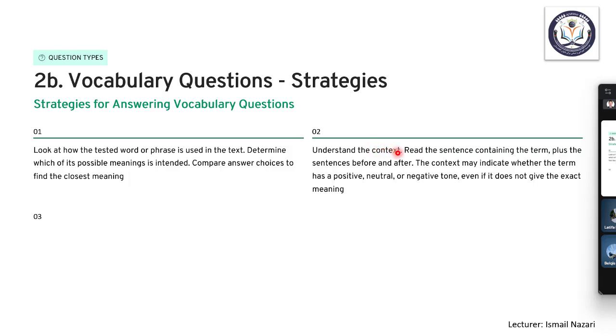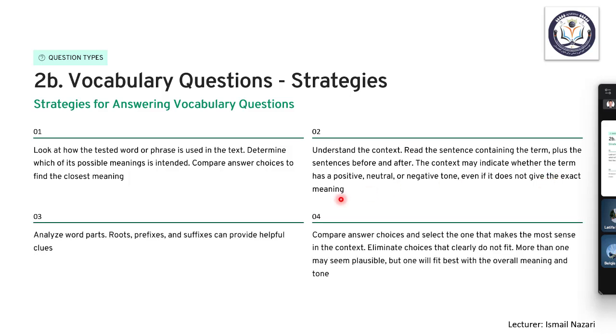So use the context. Read the sentence containing the term plus the sentences before and after. The context may indicate whether the term has a positive meaning, neutral meaning, negative tone, or even if it does not give the exact meaning.